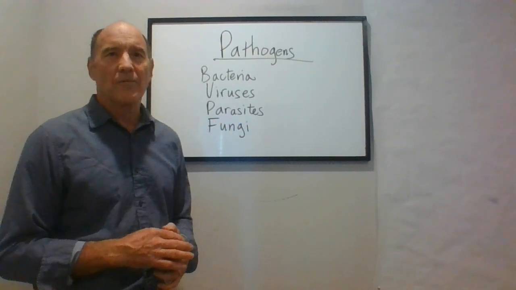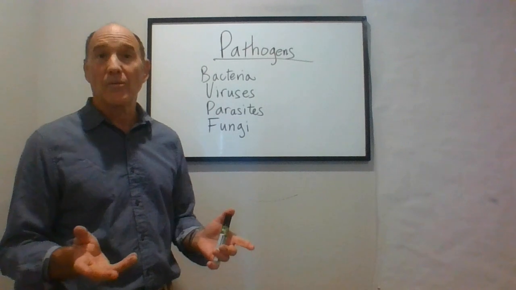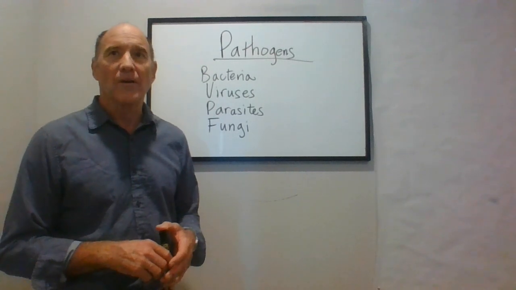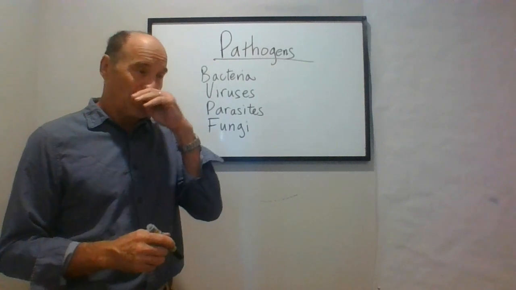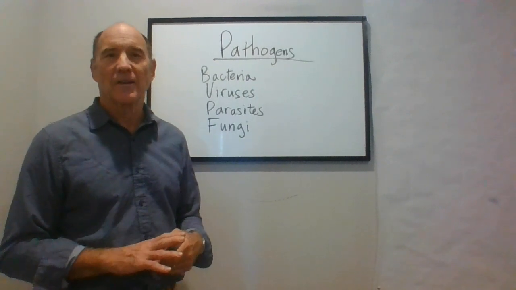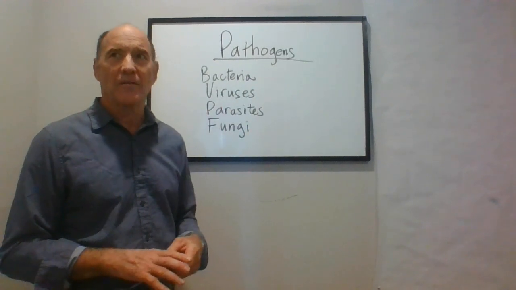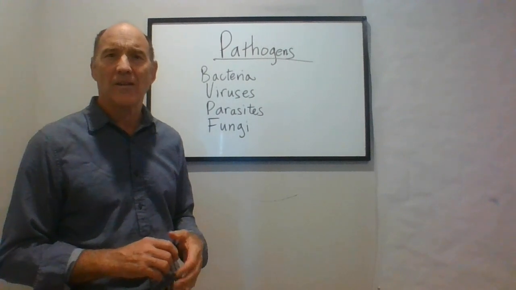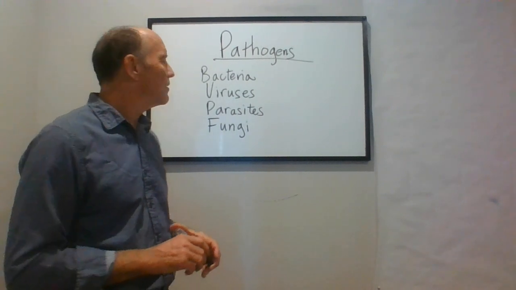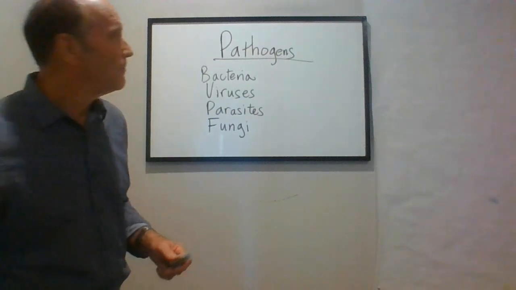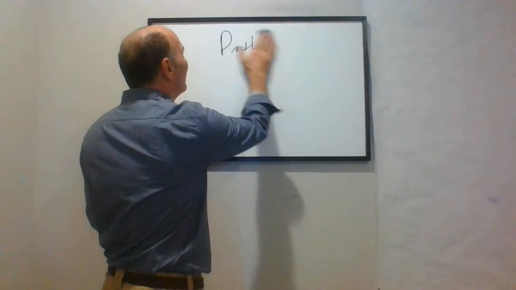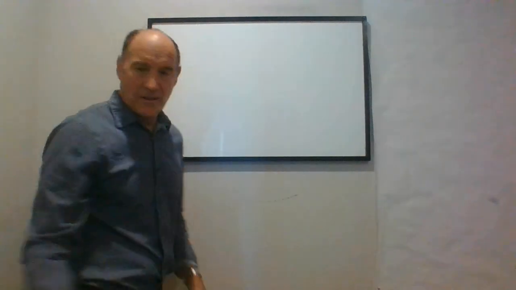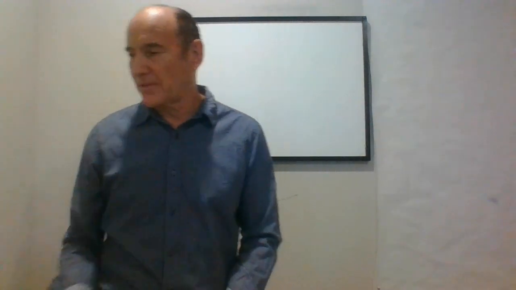Funguses would be ringworm or athlete's foot. Those are funguses. Actual funguses can infect you. People get funguses in their ear or their eyes. Amazingly. Okay, those are pathogens, disease-causing organisms.